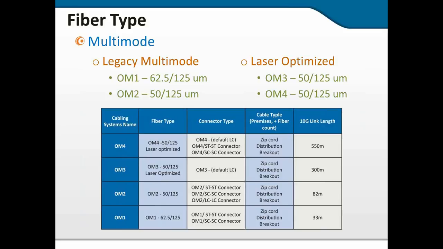Now both of these have the 50 micron core, which also reduces the number of modes available, which reduces modal dispersion. So both of these are designed for use with a VCSEL and the higher power and the higher bandwidths, which allows us to push out to those hundreds of meters rather than 33 or 82 meters.